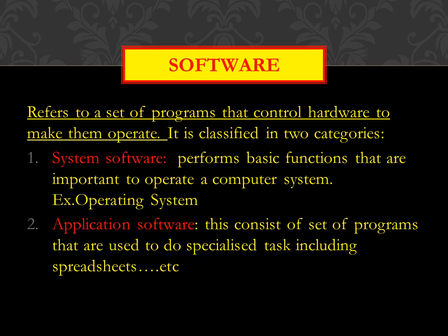Like spreadsheets, we can access them only if we have MS Excel in our computer, or we have other software also, like VisiCalc and Lotus 123. They all help us to create these spreadsheets. But that is a particular application of that, right? So application means that the software is specialized to do that particular thing.